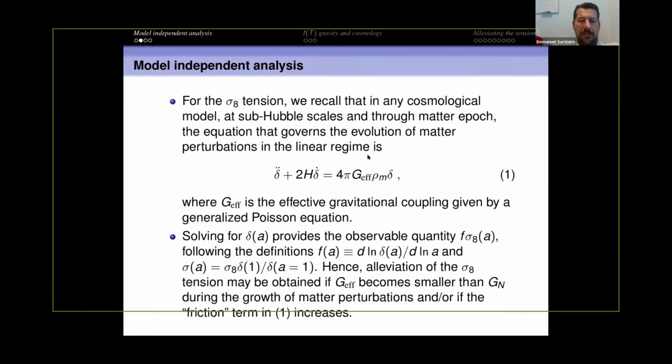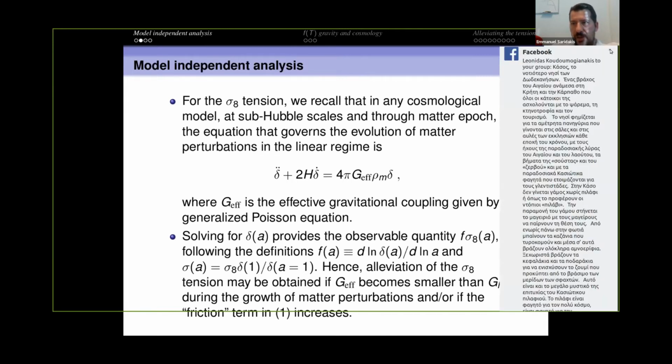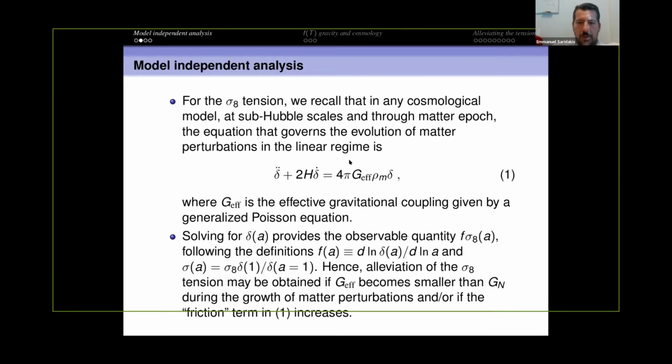So as you are all familiar with, in order to calculate the observable f sigma 8, which is the root mean square of the time-dependent fluctuations of matter density inside spheres of radius 8 megaparsec, in order to be in the linear regime, we solve this equation, and since we calculate delta, we define f, and in the end of the day, we can calculate the sigma 8.